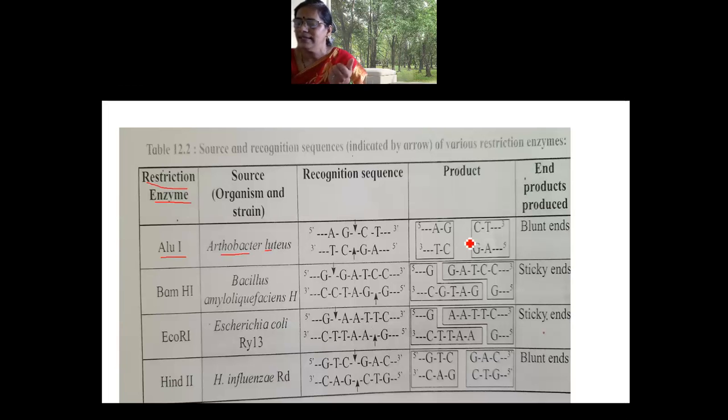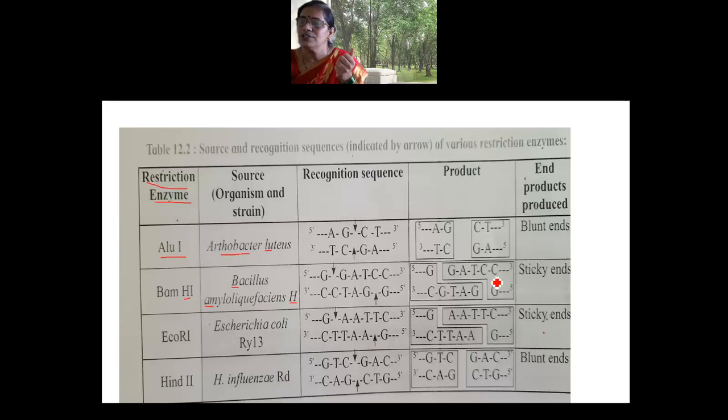BamHI: B is the first letter of the genus, and AM is the first two letters of the species. H stands for the strain, and I is the enzyme which was discovered first. Here a sticky end is produced.